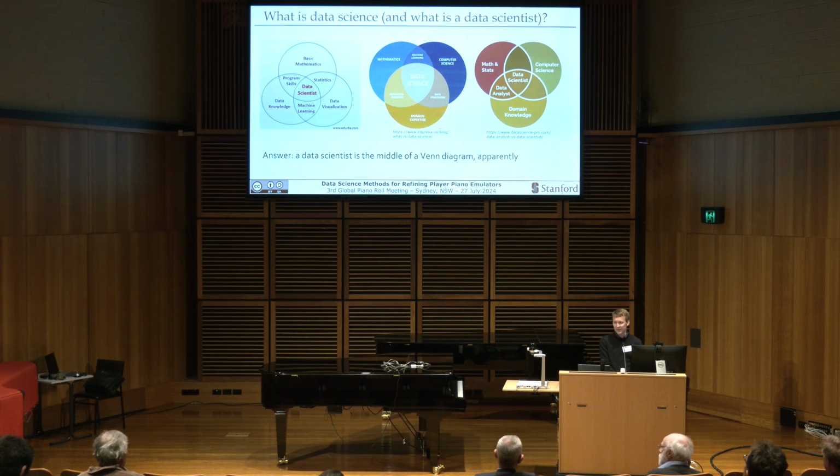We want the software to tell us that a roll has not been scanned properly or is not being rendered properly, but we also can't afford to check each one by hand. And so that's where data science comes in as well. But also, one silver lining to that setup is that we have a lot of data to work with, which can inform some of our decisions about how the emulator, how the player system itself is actually set up.